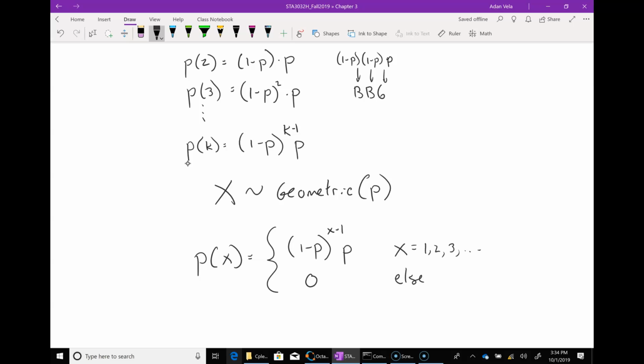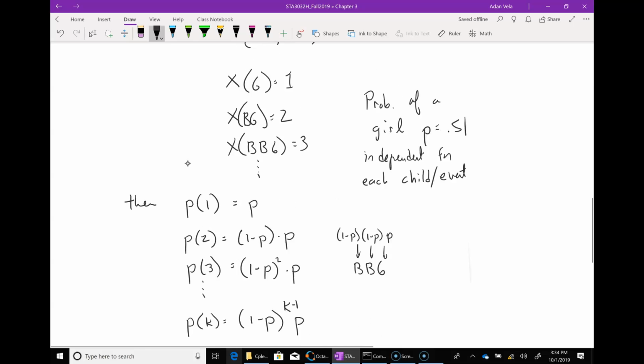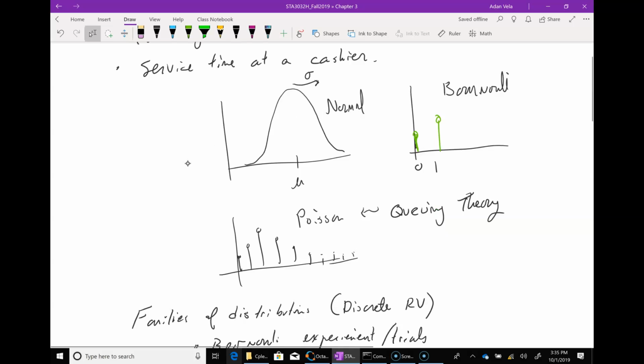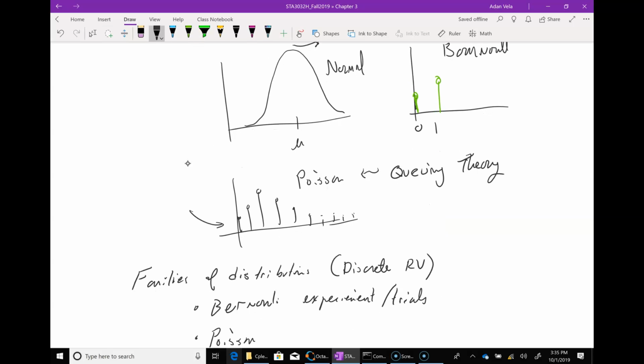So the probability of any x is given by an equation, and we define what x that equation is valid for. And then we say all other values of x are equal to 0. That sort of jives with what we already saw up here. All our probability is concentrated in these areas. Here there's nothing less than 0, and there's certainly nothing in between those values.